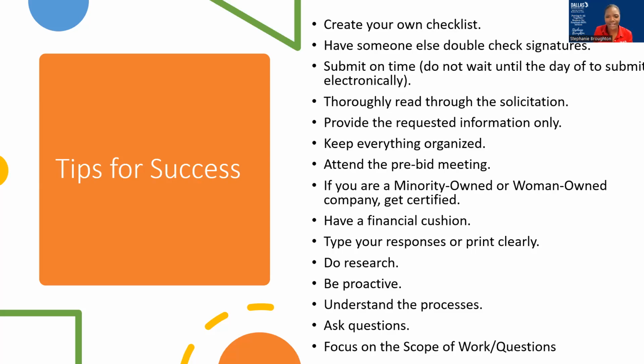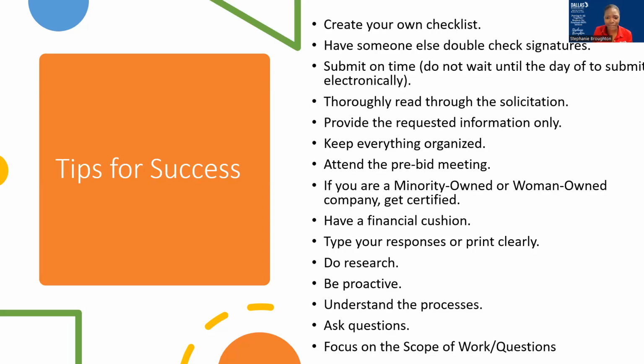A financial cushion gives you the opportunity to stay afloat while you're waiting on that payment to come through from Dallas ISD, whether that's paying your employees, your payroll, or making sure you have the supplies and different things that you need in order to respond to requests that are made from Dallas ISD.